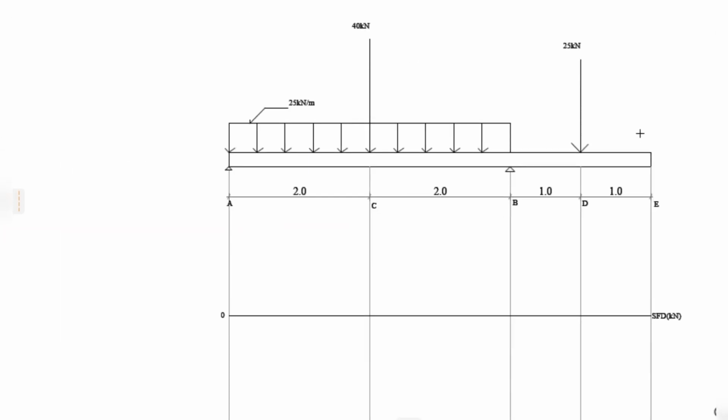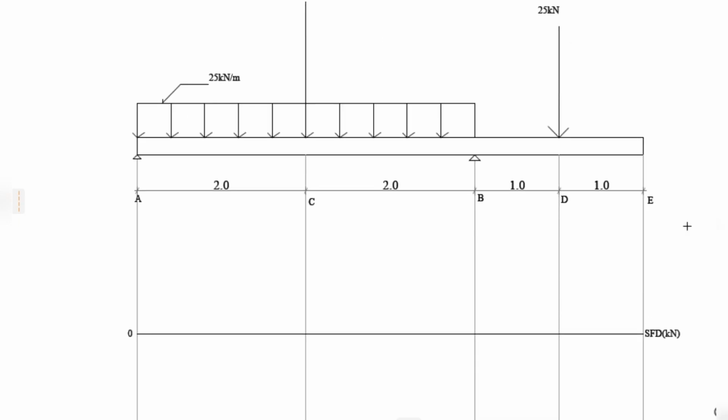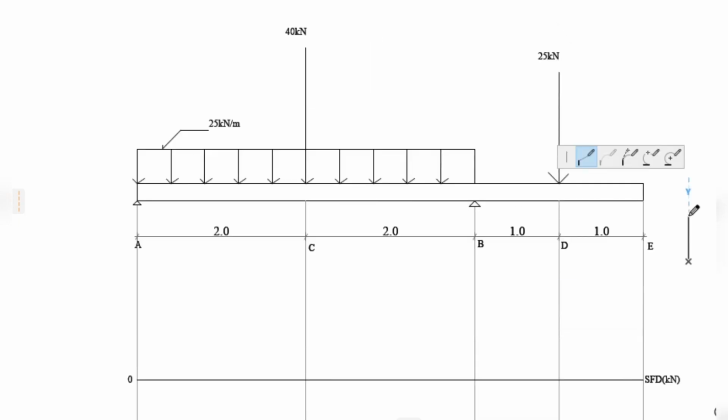With the reactions done, you can go ahead and start drawing the shear force diagram. The shear force diagram starts from 0 and encounters a reaction force RA, that is 63.75 kilonewtons, which takes it upwards to the 63.75 kilonewton mark. Then the UDL starts acting, spanning 2 meters at 25 kilonewtons per meter.